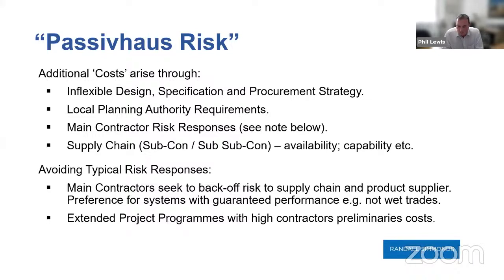So if there is just one product that will deliver, and there is no way of adding competition into that product selection, you're going to pay extra for it, because there's a risk that price will rise or it won't be available, etc. So we need to think about in our designs, how do we increase that flexibility in order to deliver the most commercial product we can that achieves Passivhaus.